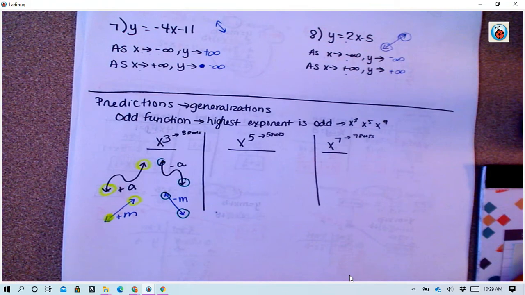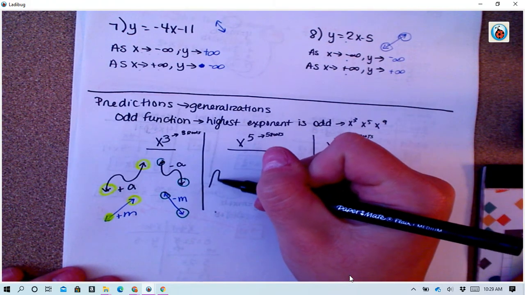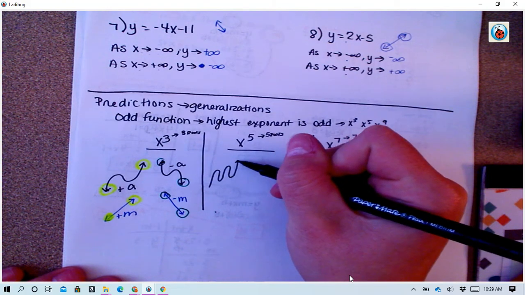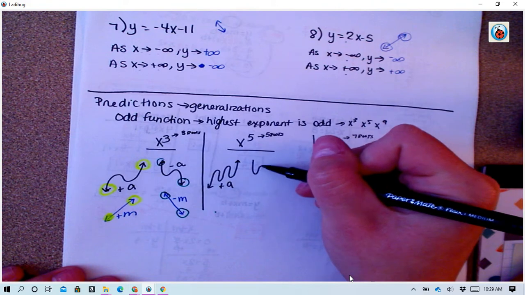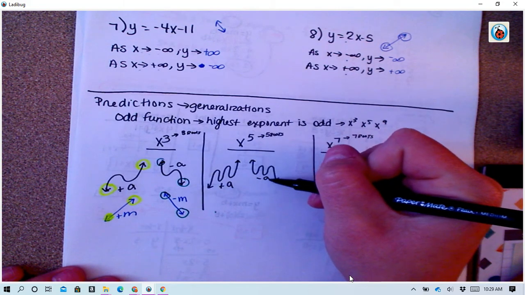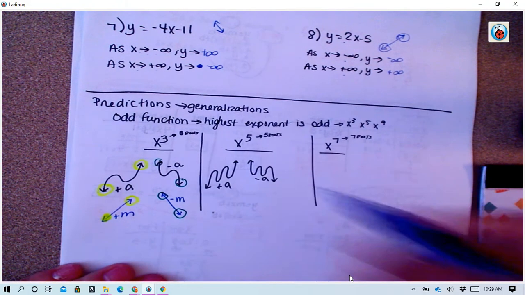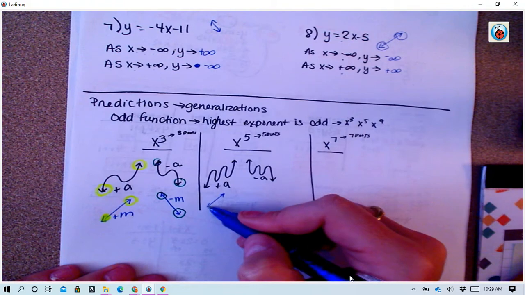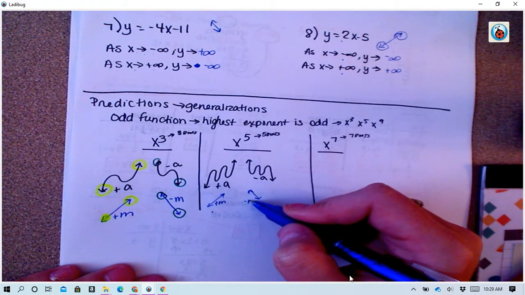X to the fifth power would look something like this if it was positive, 1, 2, 3, 4, 5, or 1, 2, 3, 4, 5 if it had a negative a value. Same thing. If you rewrote it without all the squigglies, it looks like a line with a positive and a negative slope.